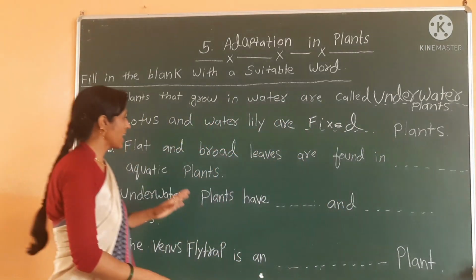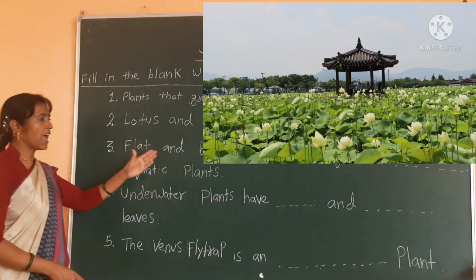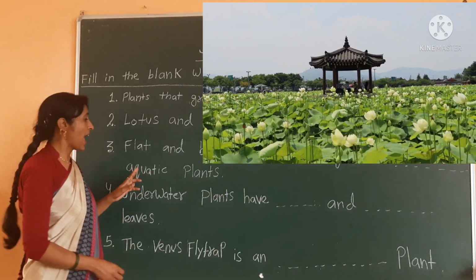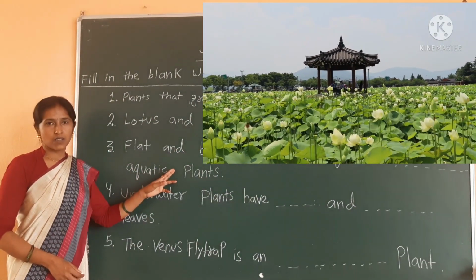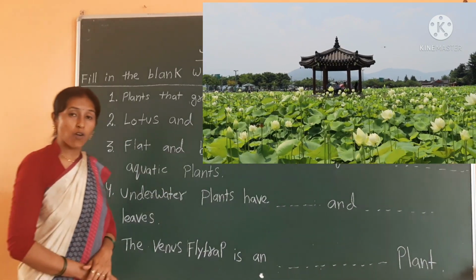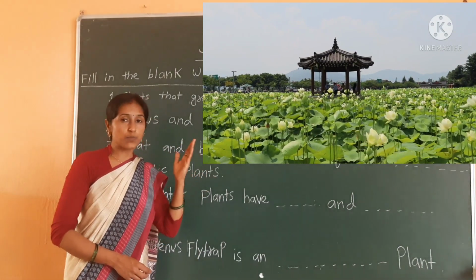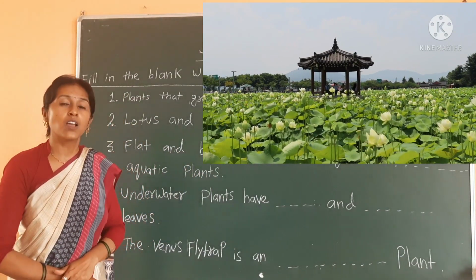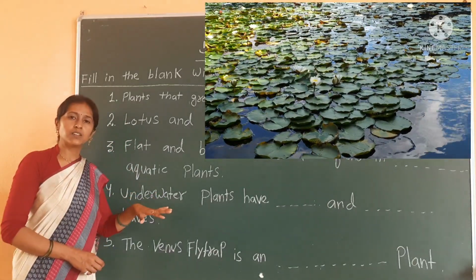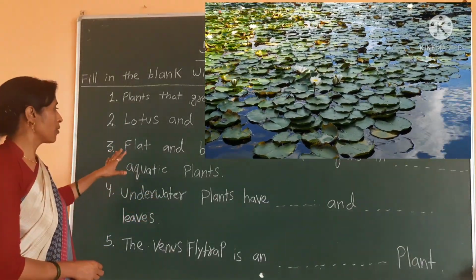Okay. And the next one is: flat and broad leaves are found in dash aquatic plants. You know about this? There are three types of aquatic plants. The first one is fixed plants, the second one is underwater plants, and the third one is floating plants.